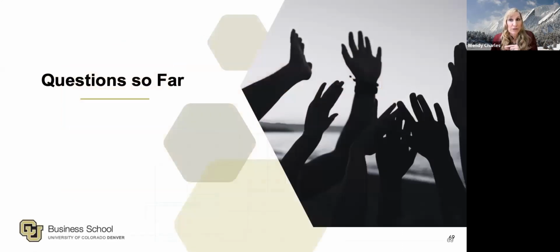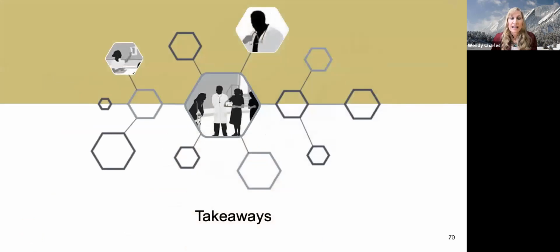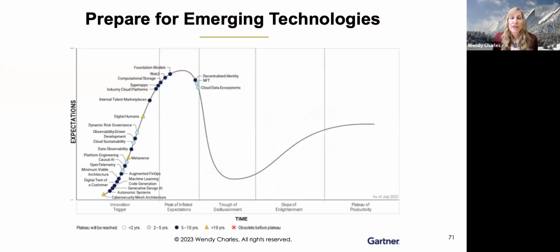So I'm actually going to continue with my takeaways and then open it up for questions. So we know that all emerging technologies follow a hype cycle, and this is a Gartner hype cycle that includes a lot of the blockchain components.